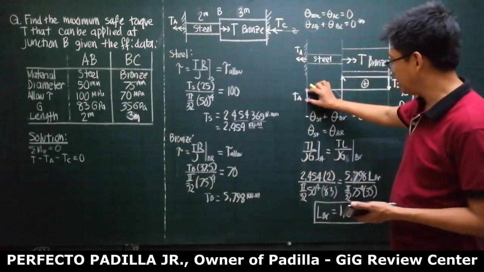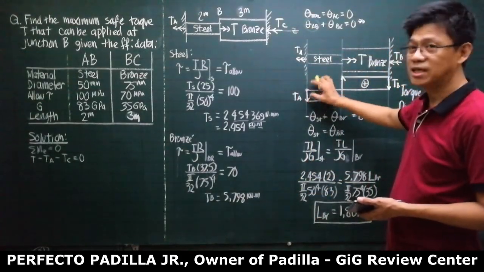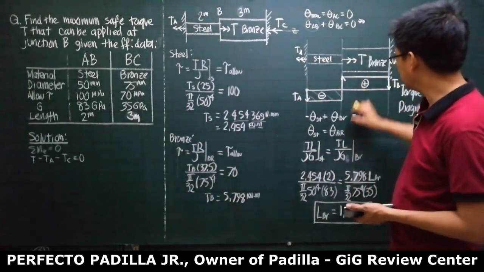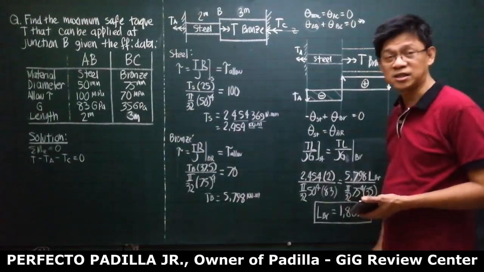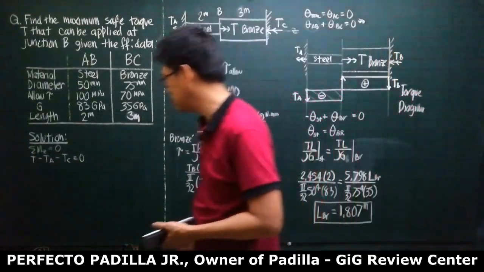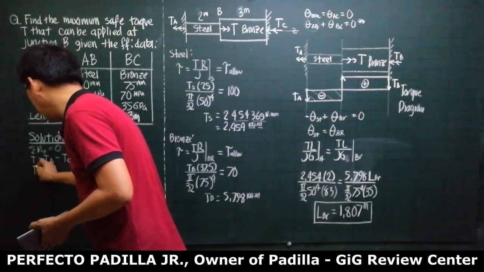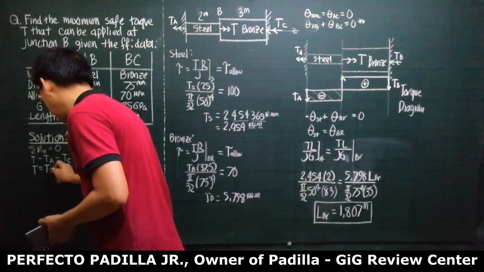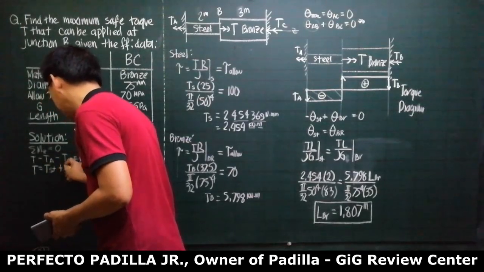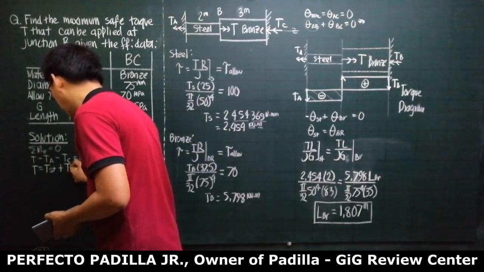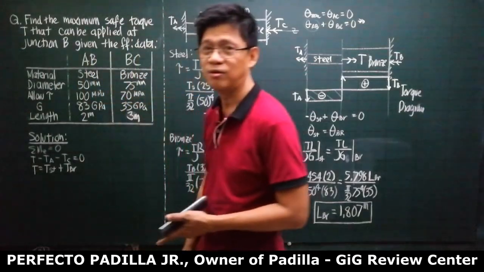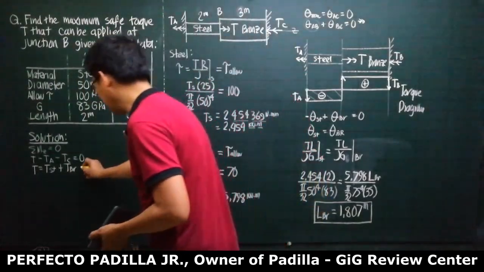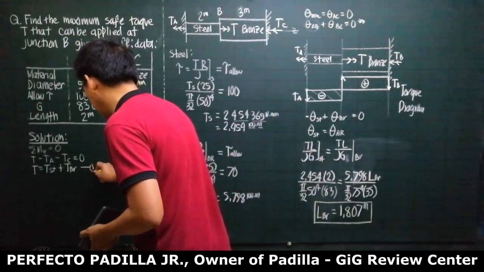But your TA is the same as T in steel, and your TC is the same as T in bronze. So we say here that T is equal to the absolute value of T in steel plus the absolute value of T in bronze. Let us call this equation 1.